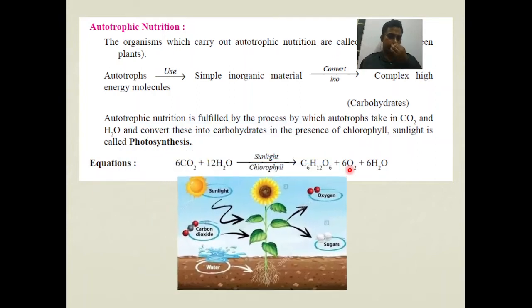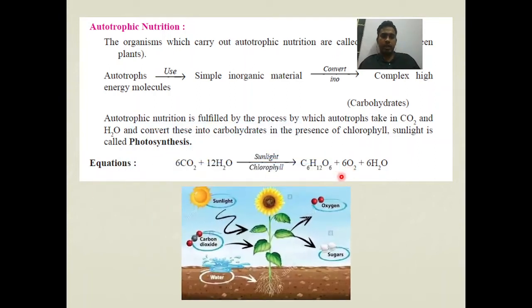So let us look at one picture. Here you can see a very good picture which gives you an idea about autotrophic nutrition. The roots absorb the water, then the carbon dioxide is inhaled by the plants through the stomata, then the sunlight is absorbed by the chlorophyll pigment present in the leaf. As the photosynthesis process starts, it starts to prepare the sugar, that is the carbohydrates.